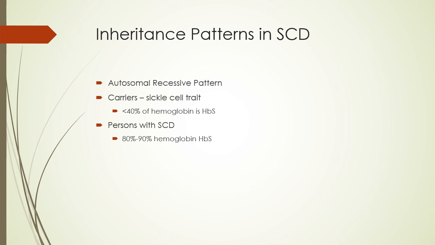Like I said, it's an autosomal recessive pattern, and people with one abnormal allele would be carriers, but when two carriers produce an offspring, there is a chance, obviously you remember the Punnett square, there is a 25% chance that the offspring will have the disease manifestation.